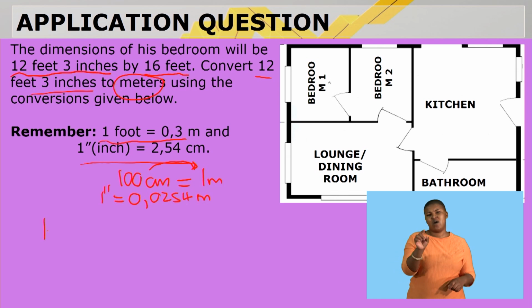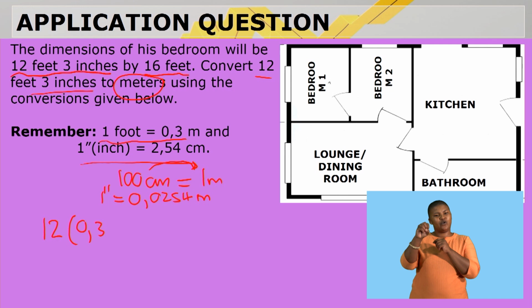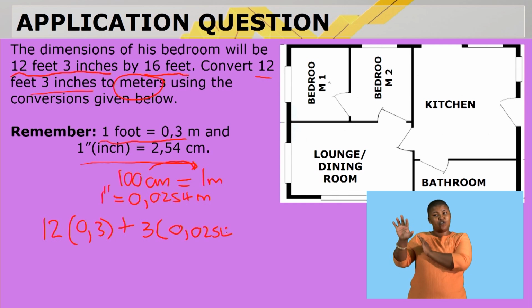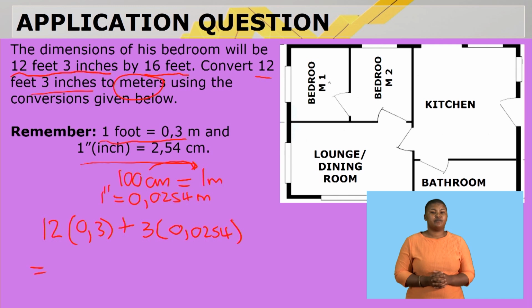We have got 12 feet times 0,3 plus 3 inches times 0,0254, and when we look at our calculators, I hope you're working with me.